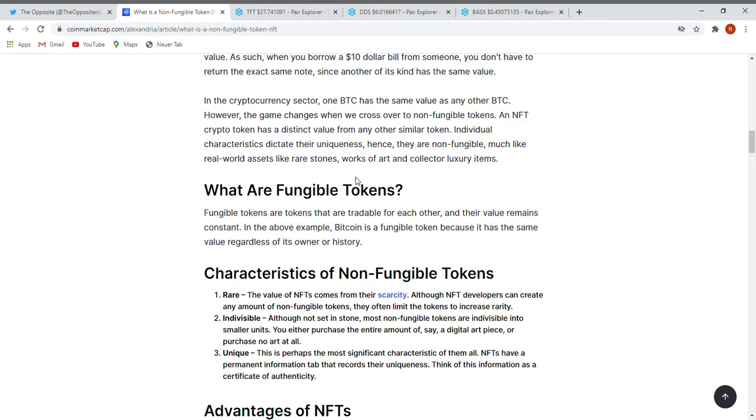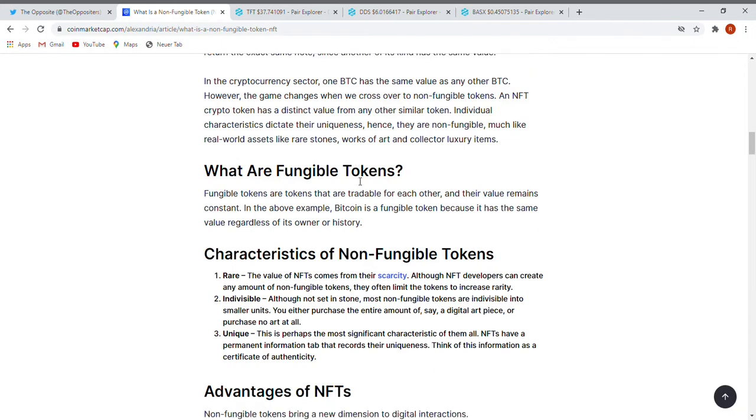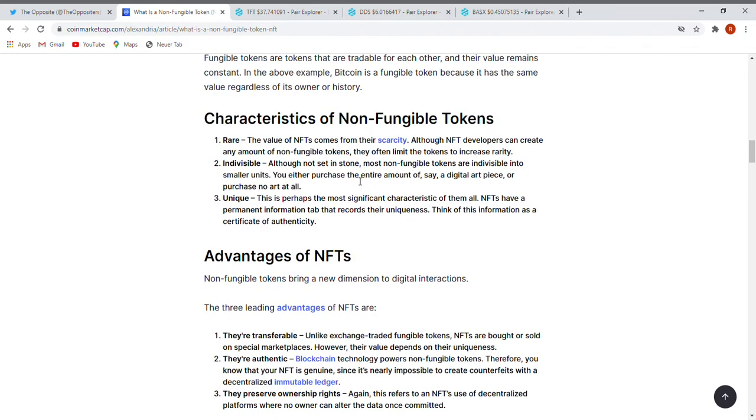So what are fungible tokens? Fungible tokens are tokens that are tradable for each other and their value remains constant. In the above example, Bitcoin is a fungible token because it has the same value regardless of its owner or history.